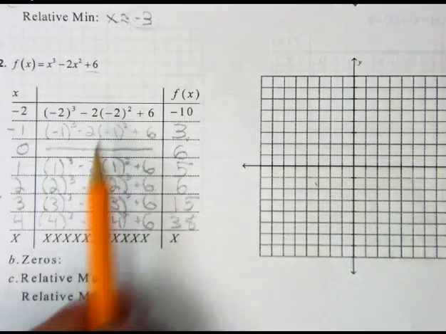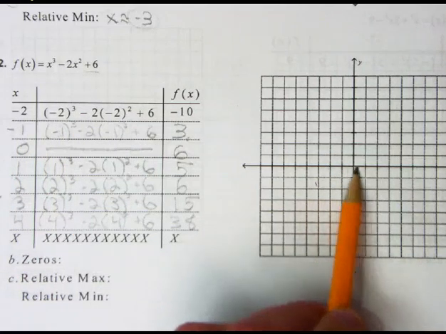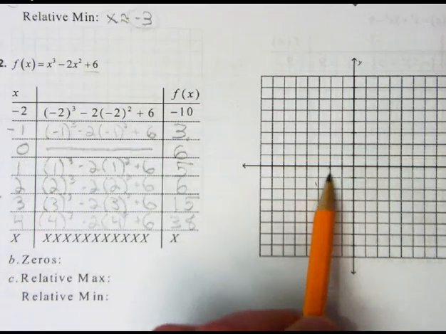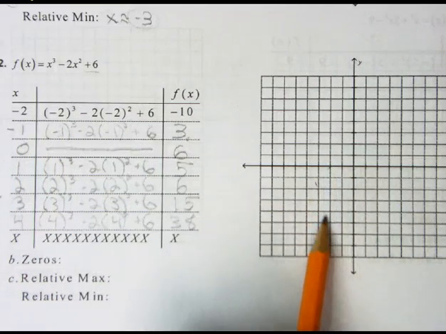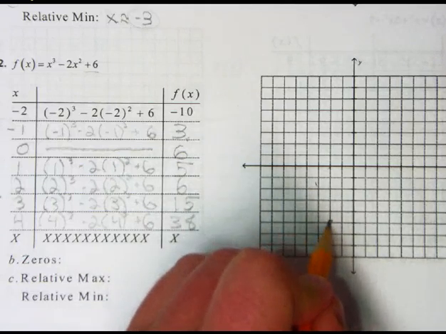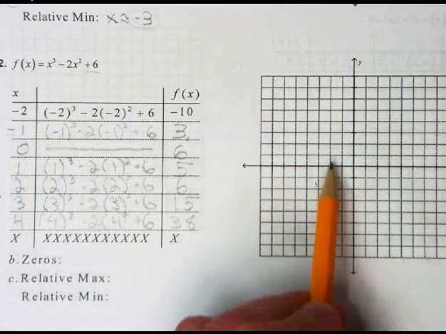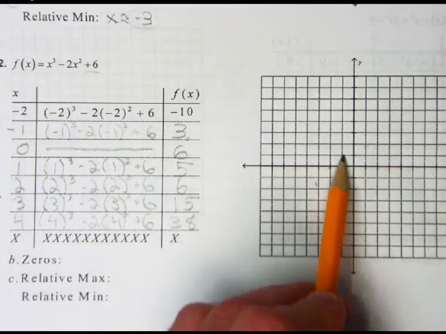So negative 2, negative 10. Again, I'm going to count by 2's. So I'm going to go negative 2, and then 2, 4, 6, 8, 10. Negative 1, positive 3. 2, 4.